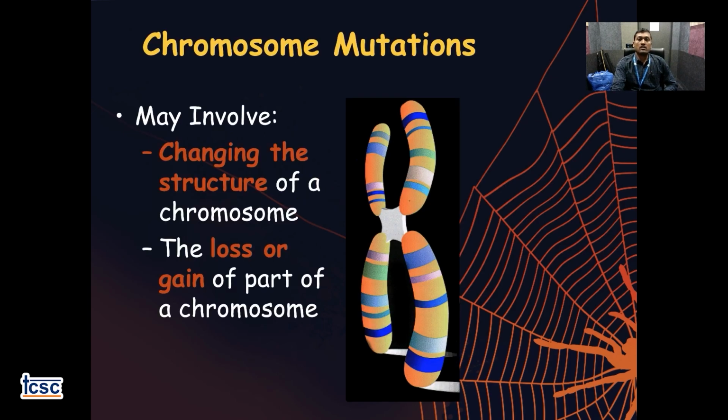So what are the types of mutation? First of all, let's discuss chromosome mutation. It means mutations that occur at the chromosomal level. Changing the structure of a chromosome, or the loss or gain of part of a chromosome, also leads to chromosomal mutations.